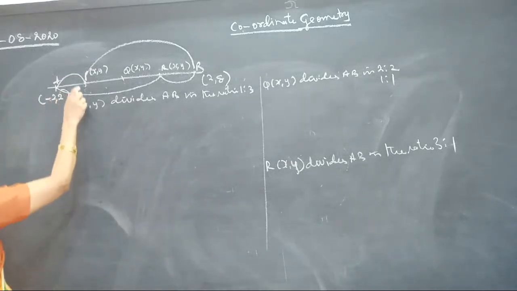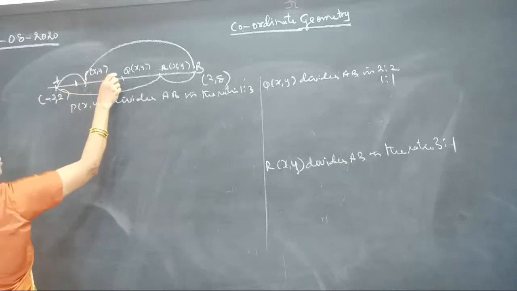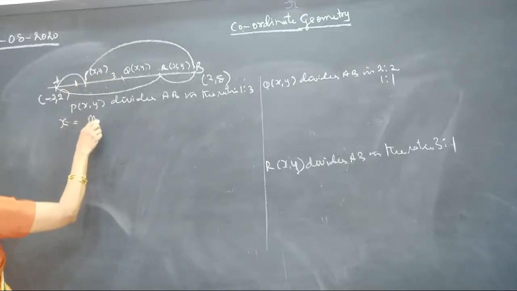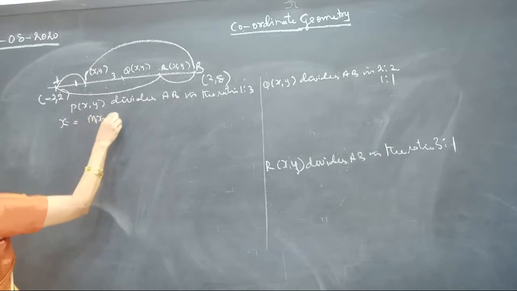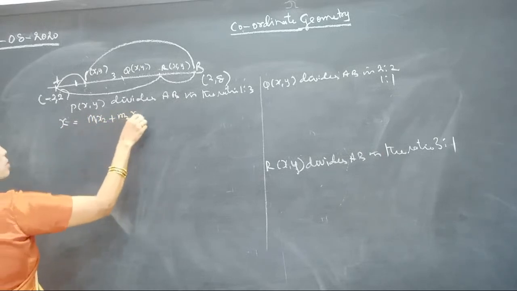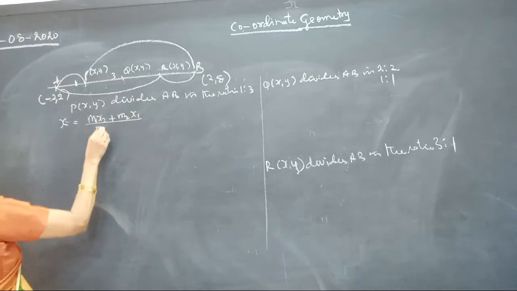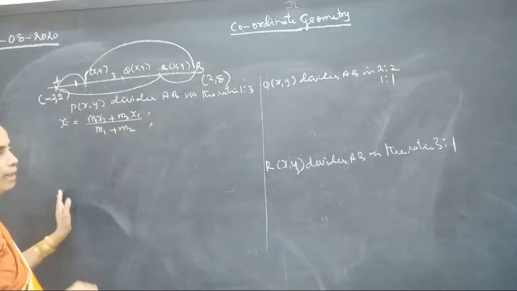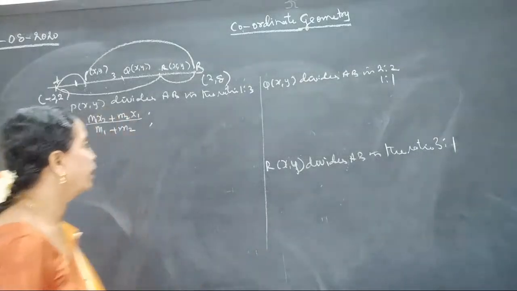It is dividing in the ratio 1:3, where the section formula is x equals (m1 x2 plus m2 x1) by (m1 plus m2). If you write it one time, it satisfies for the other points also.